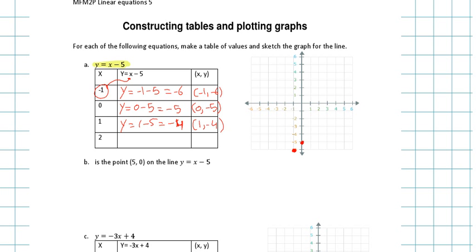So that's 1, and go down to -4. So that's my third point. You guys see the trend? Okay? If I plug in 2, what do I get? -3. So my point is (2, -3).